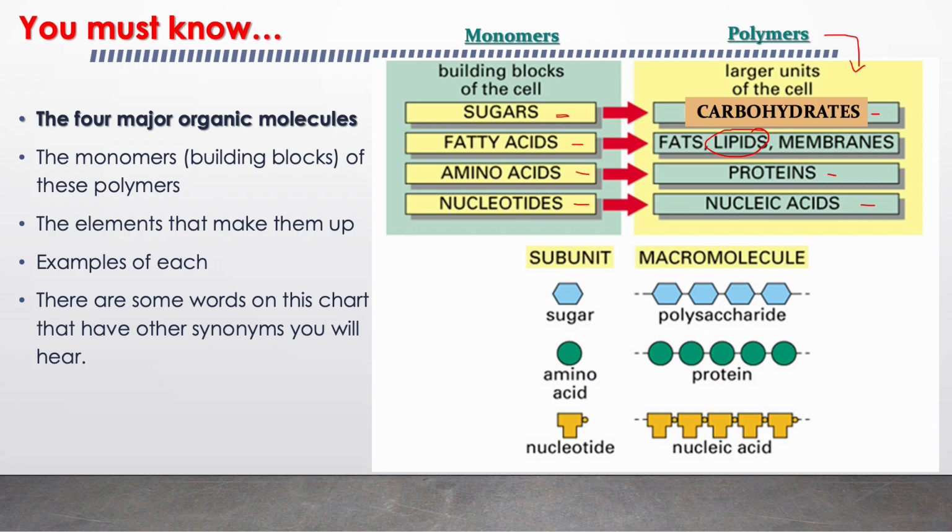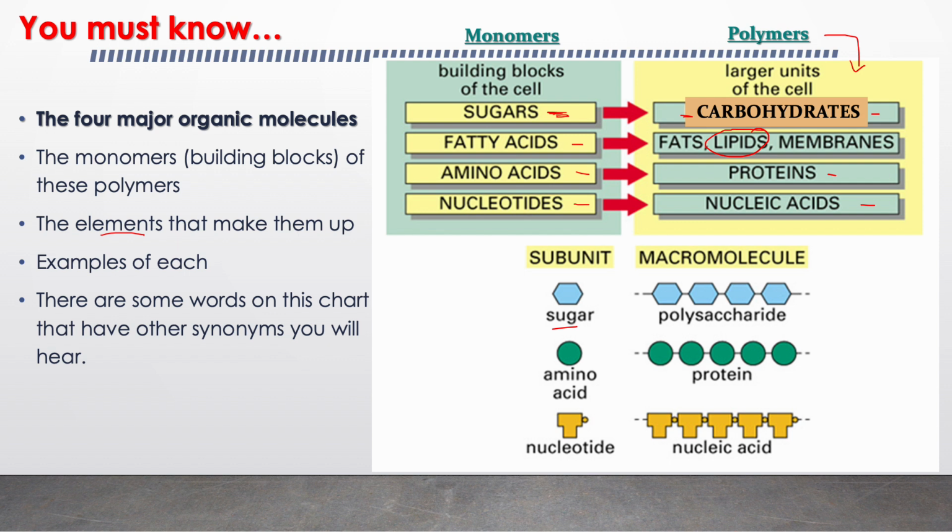In addition to knowing the 4 macromolecules as polymers, you need to know not only the monomers that make them, you need to know the elements that make up each one of our polymers, examples of them. And then you're going to find out as we go through these, there are different words that are synonyms for other words, and you need to be familiar with that to recognize terms. For instance, we said that the sugar up here is our monomer to make our polymer carbohydrates.